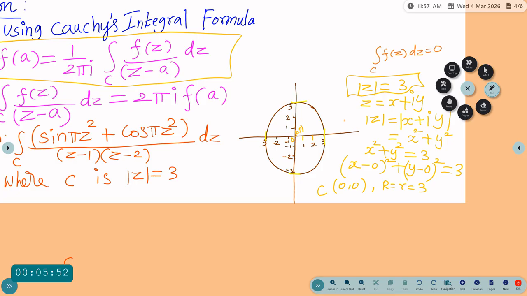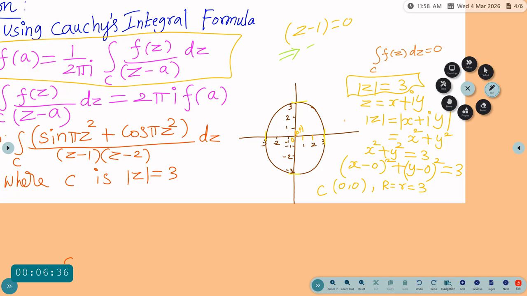In this graph 3 is the radius. In the given problem the denominator terms are z minus 1 and z minus 2. So consider z minus 1 equal to 0.